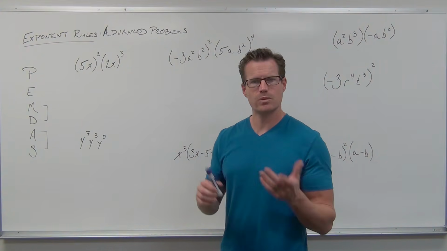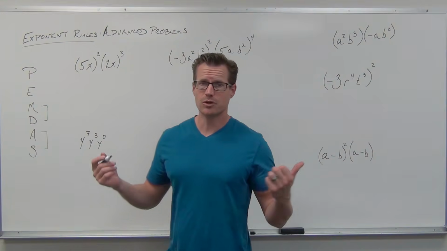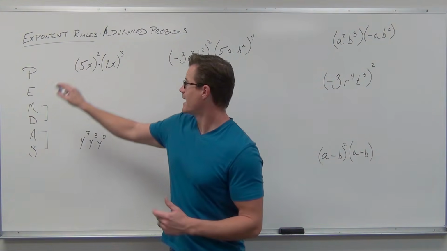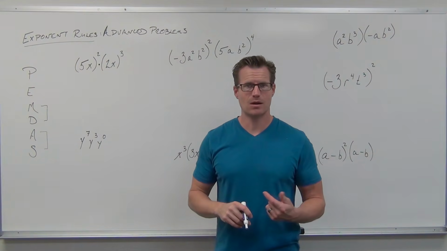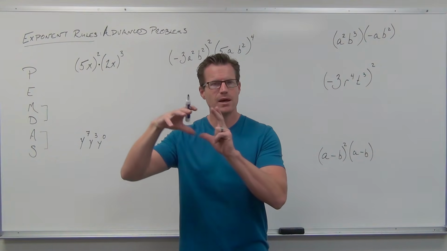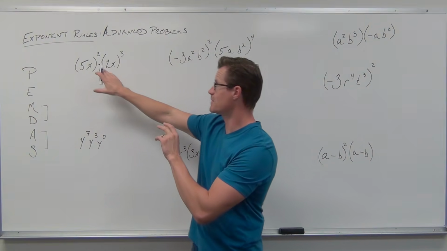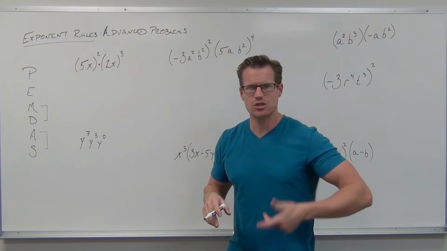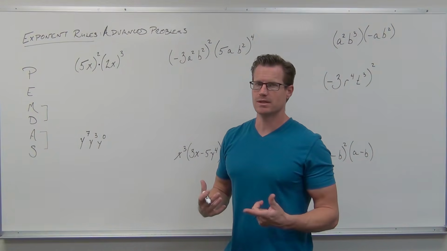That's the idea. So when we look at this, I do see some multiplication. But I also see that before that, I have some exponents that I need to take care of. So now our exponent rules start kicking in. I'm seeing multiplication, and I'm also seeing exponents. Now I ask myself some questions. Can I distribute exponents?